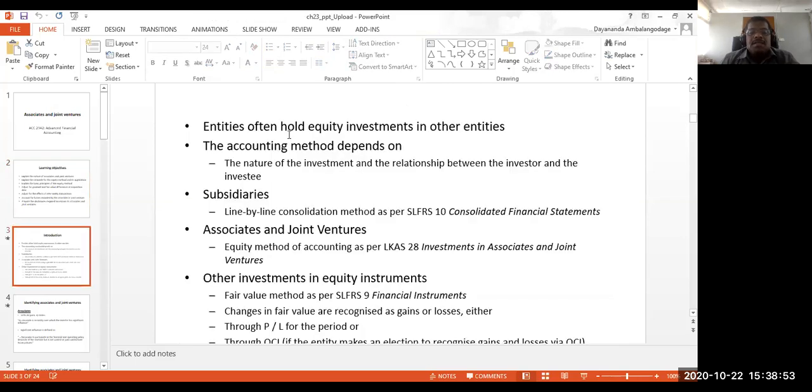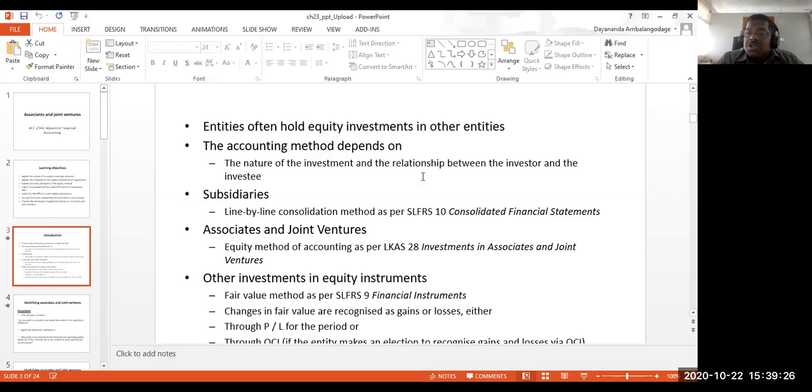Okay, look at this. Entities often hold equity investments in other entities. The accounting method depends on the investment and the relationship between the investor and the investee. The nature of the investment and the relationship between investor and investee is crucial when deciding how to account for it. Subsidiaries you learned under consolidated financial statements, SLFRS 10.